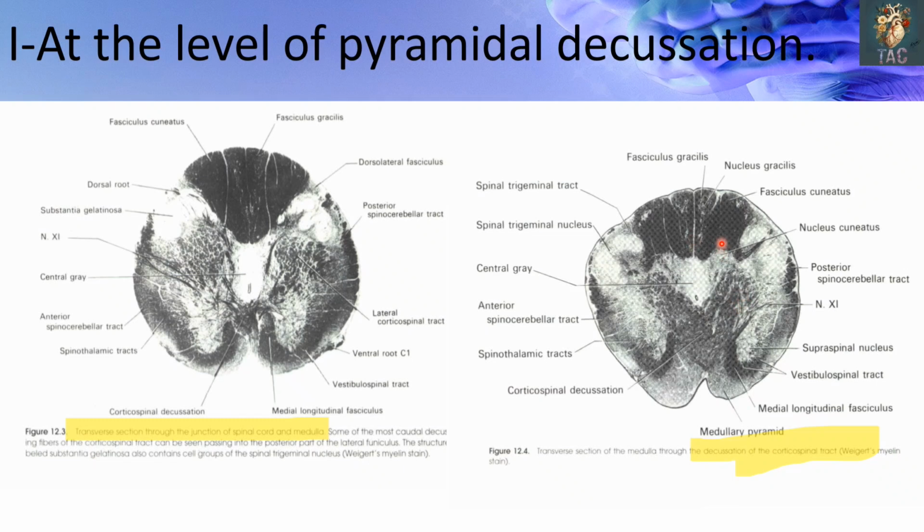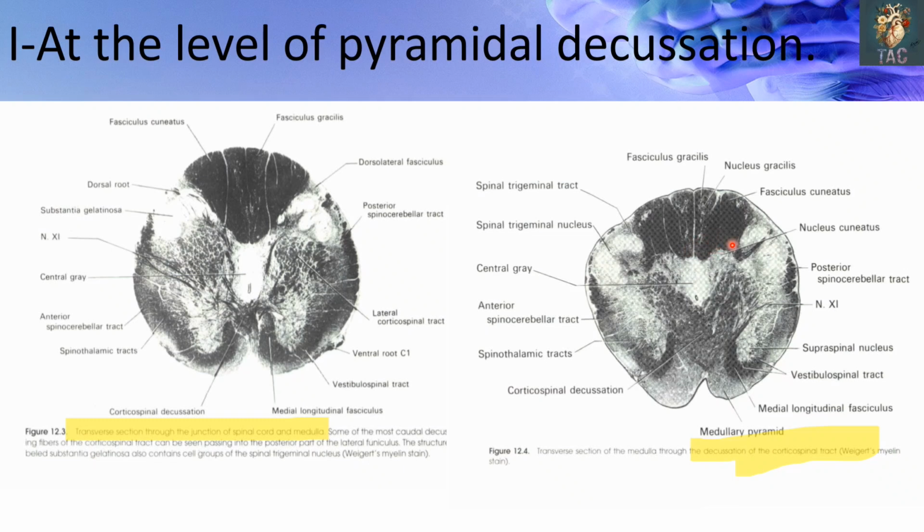Next we move on to a very important structure. Here you can see the fasciculus gracilis and the fasciculus cuneatus. At this level you can see that the nucleus gracilis and the cuneate nucleus have both appeared. These are the nuclei of the second order neuron. The first order neurons relay here, and second order neurons start to appear.